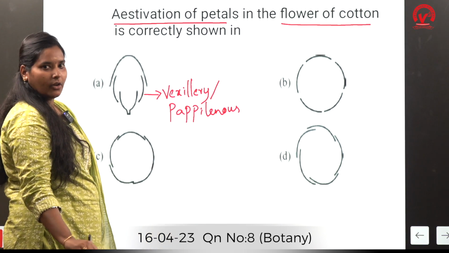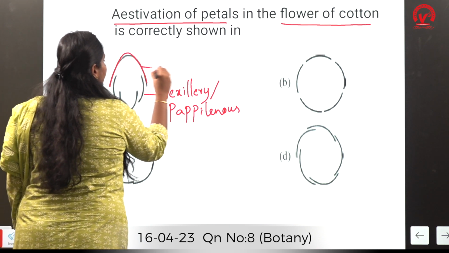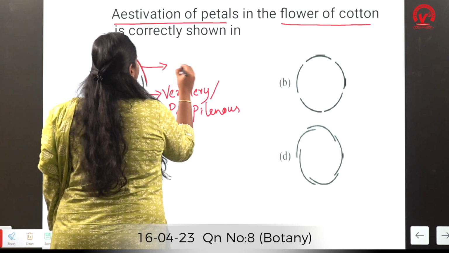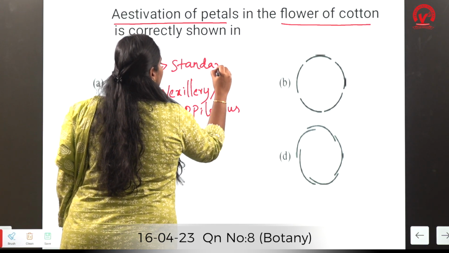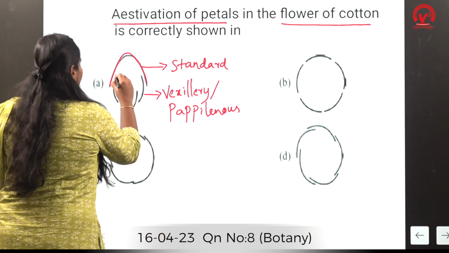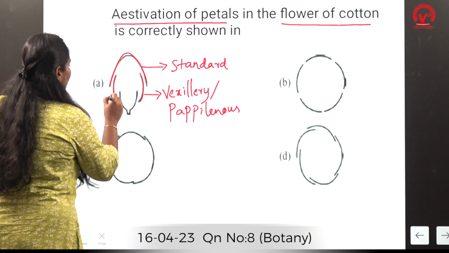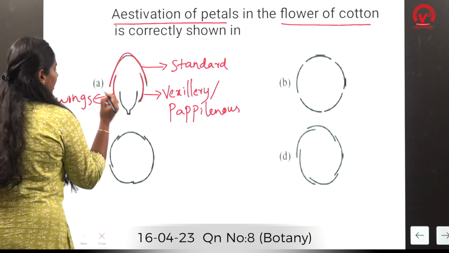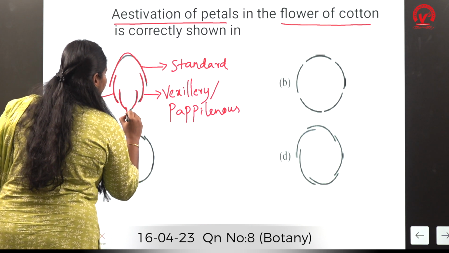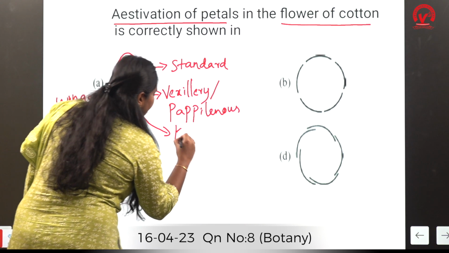In this aestivation, there is a large petal which is called the standard petal, these two lateral petals are called the wings, and these two small anterior petals are called the keel.